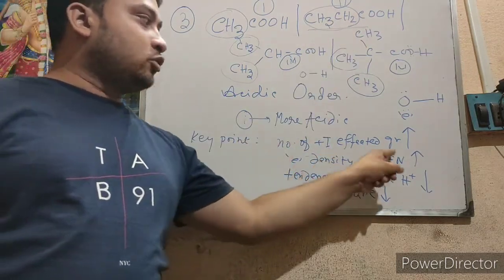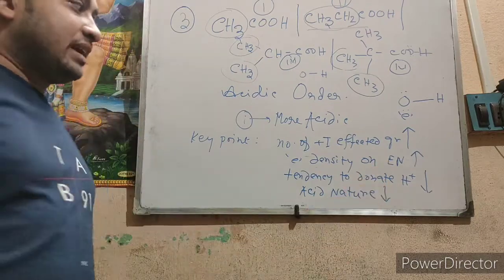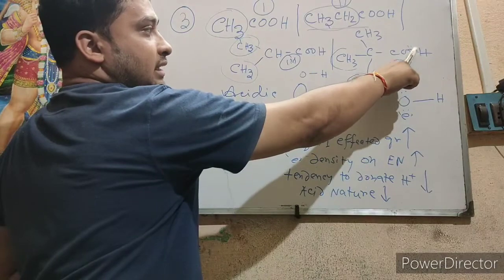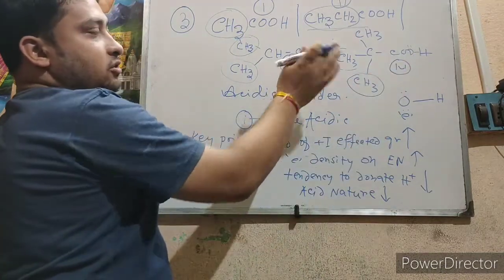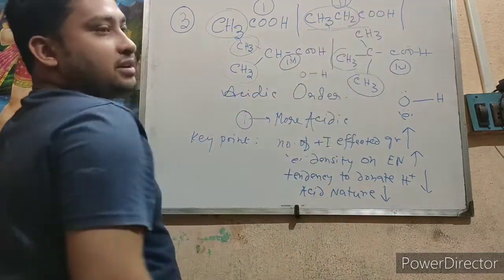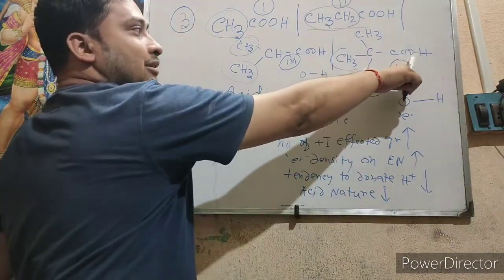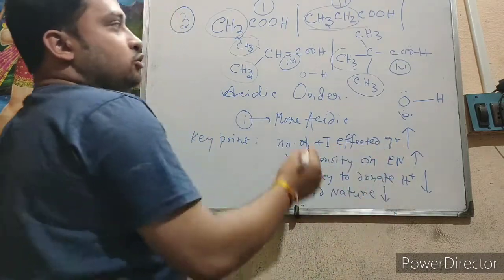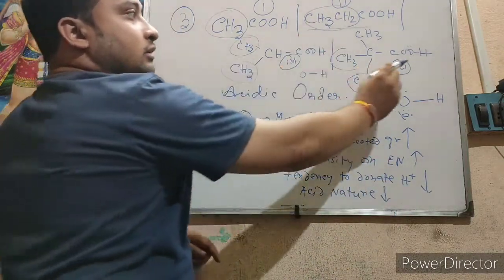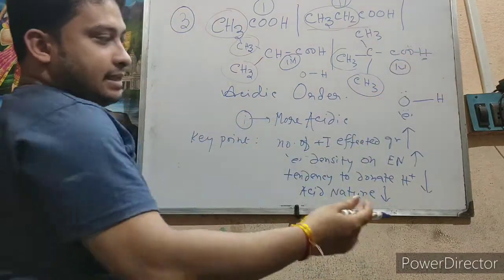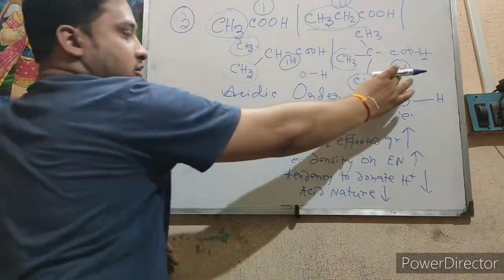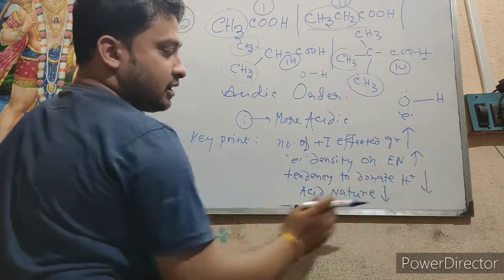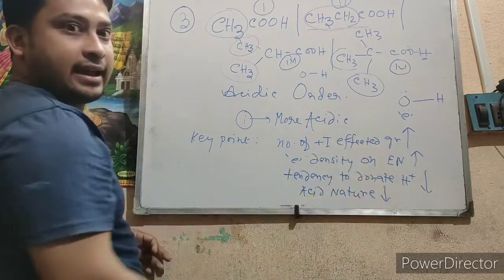So as the number of I affected groups increases, electron density on the electronegative element increases, so the increase of electron density is high, and the tendency to donate H plus decreases. So compared to this, the tendency to release this H plus is decreasing, so it does not want to show acidic nature, because the tendency to donate H plus is decreasing, so the acidic nature is decreasing.